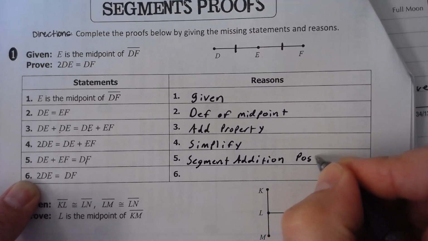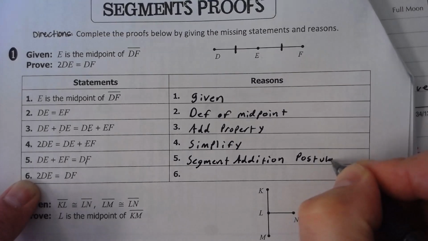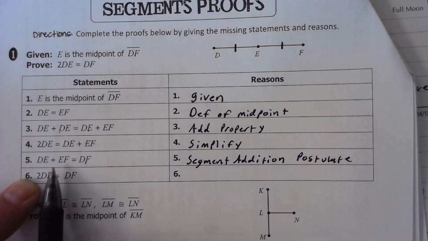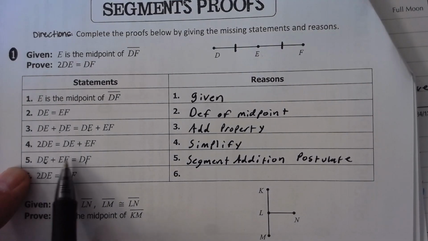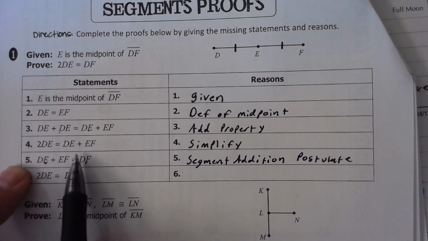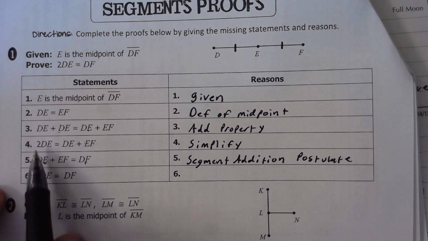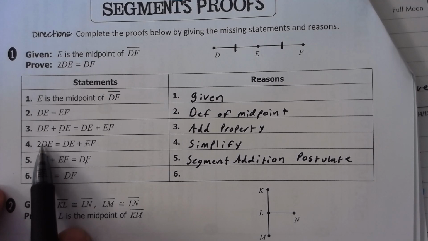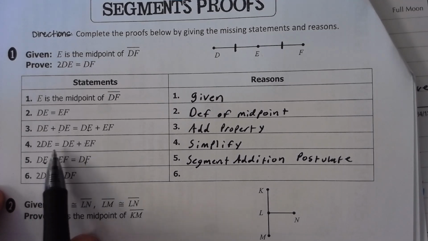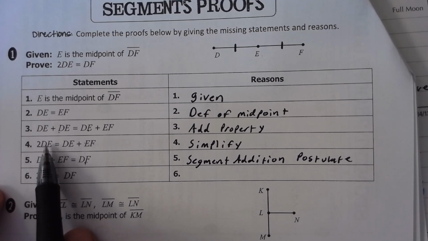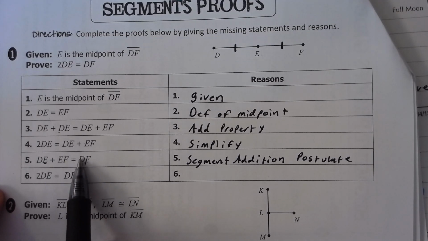All right, so after I did this, DE plus EF gives me the whole thing. I'm going to refer back up to this one. I had 2DE is equal to DE plus EF, and that gives me that 2DE is equal to DF.